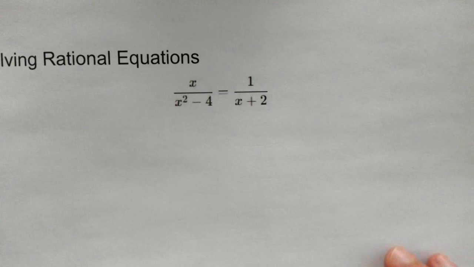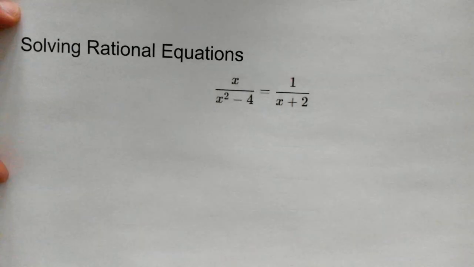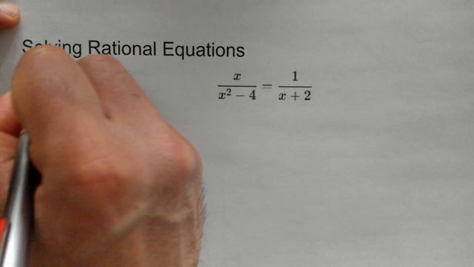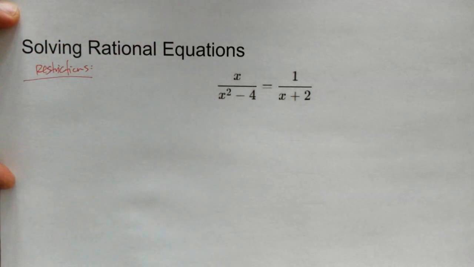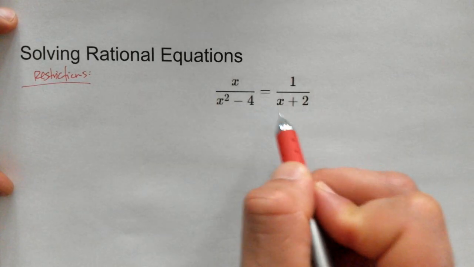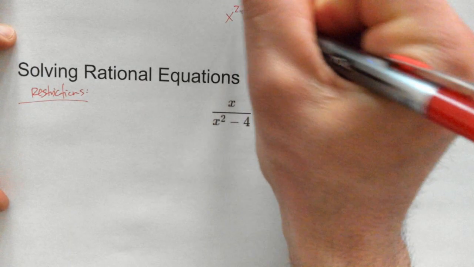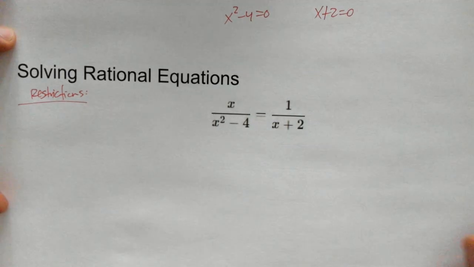All right, last example. First, I need to find my restrictions. What are going to be my restrictions in this problem? Well, when is this going to equal 0, and when is this going to equal 0? Let's find out. Set them equal to 0 and solve.